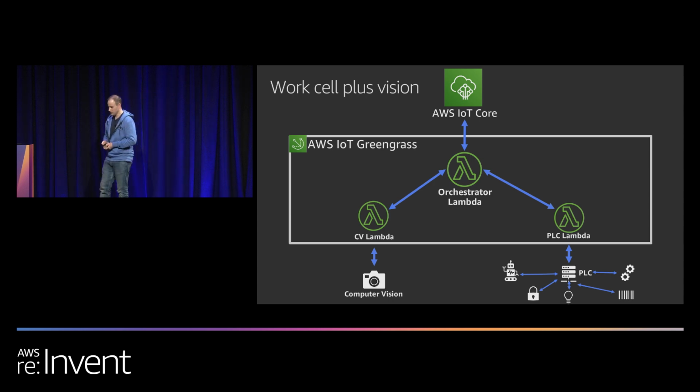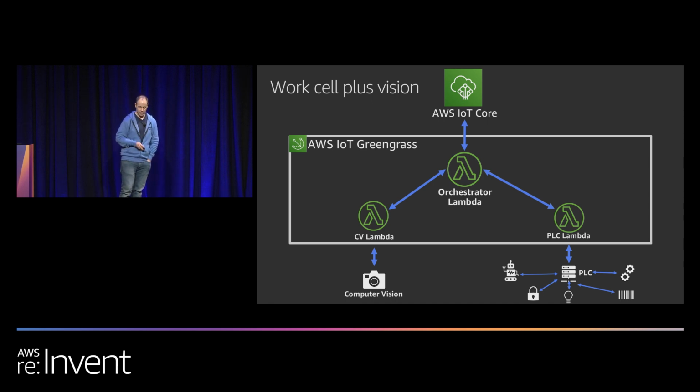One of the main reasons that we're doing this is that the lambdas that you see on the bottom of that box are maintaining a persistent single connection to their respective devices. So these are what I would call device adapters or device adapter lambdas. On the left you have a computer vision lambda that is maintaining a persistent connection to the camera system.